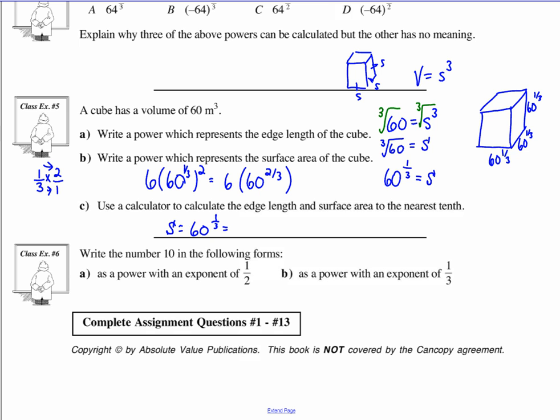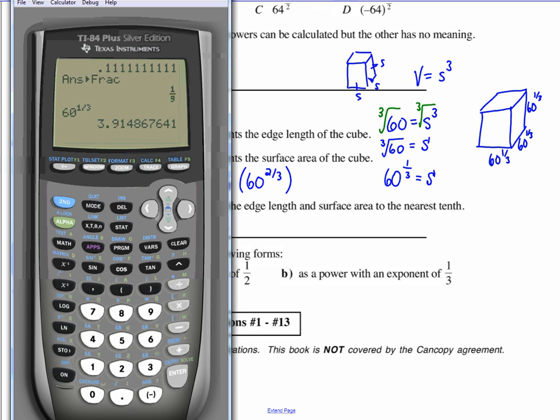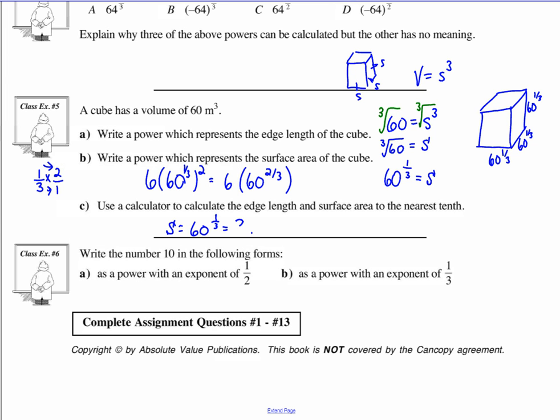If you have an older calculator, remember you need brackets around the fraction. Otherwise, if yours gives you a little box, you can just go 1 over 3. So to 1 decimal place, you should be getting 3.9 meters.